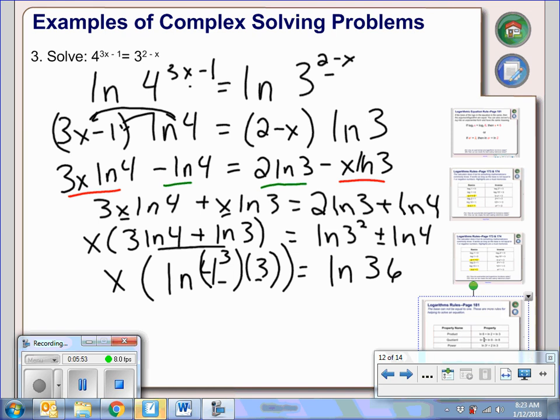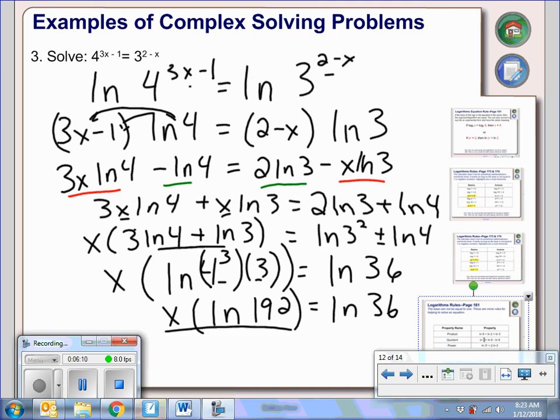And now I can divide, which this on the inside is really natural log of 192 equals natural log of 36, because again, 4 to the 3rd power times 3.